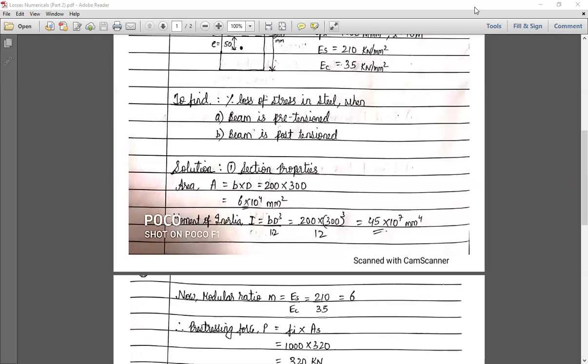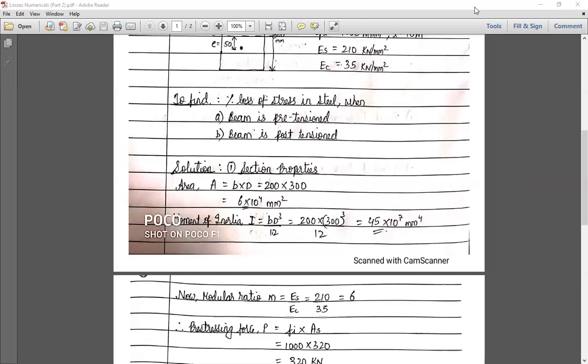And one more thing, practice the reinforcement detailing which we have done in the class. You can practice that on the drawing sheet also, because generally in the exam you will be given a drawing sheet to draw the reinforcement detailing. That's what happens normally.